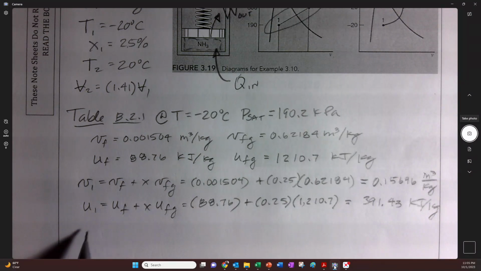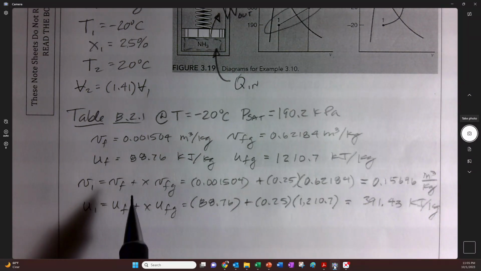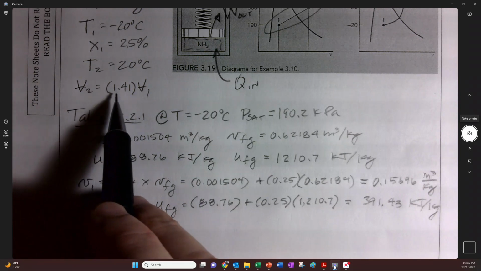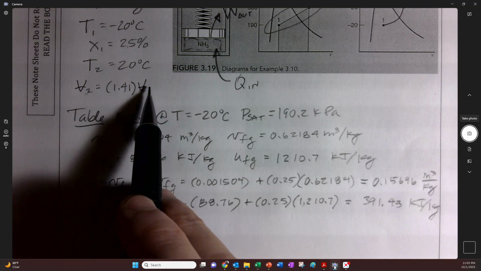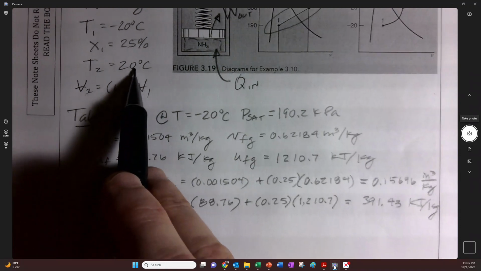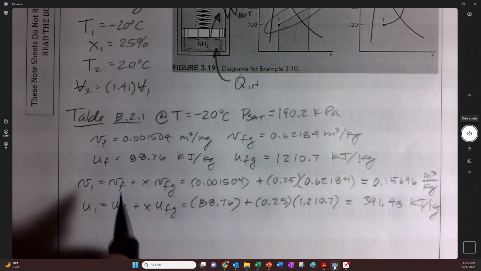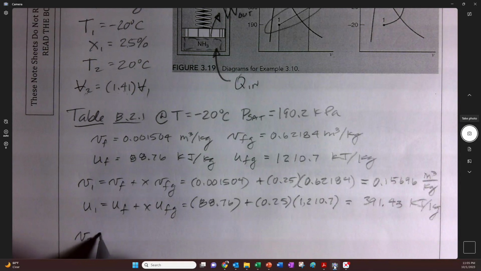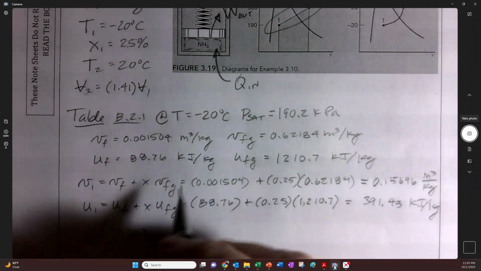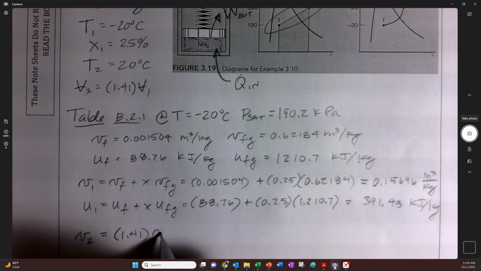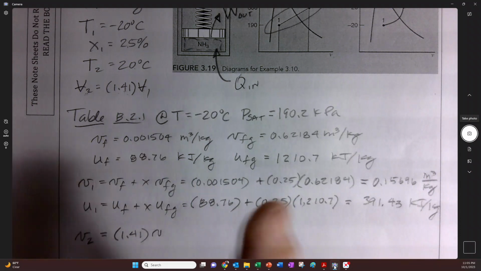And what else do I need? Oh, all right. So they told us the volume after this process, when it goes up to 20 degrees, is going to be this amount right here. So let's find out. V2 is going to be 1.41, because it's the same mass, we could just go ahead and multiply by V1.